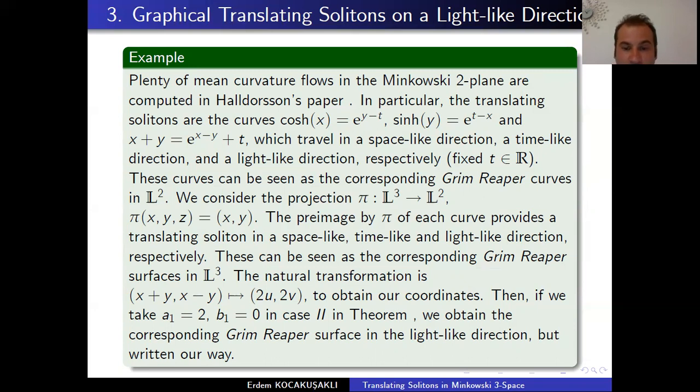The natural transformation x + y, x - y goes to 2u, v gives our coordinates. Then, if we take E1 equal to 2 and B1 equal to 0 in case 2 of Theorem 1, we obtain the corresponding Grim Reaper surface in the light-like direction.